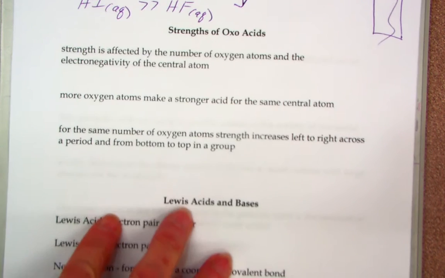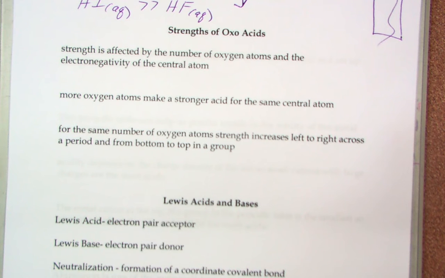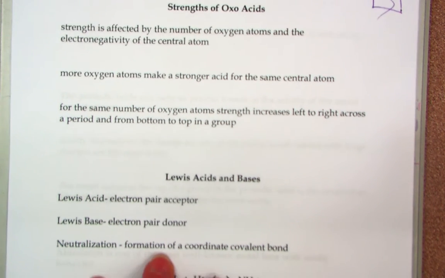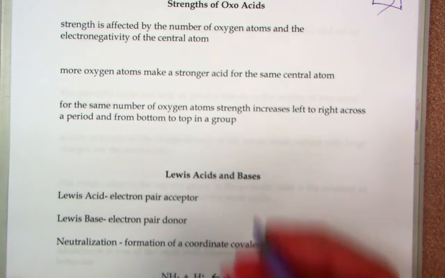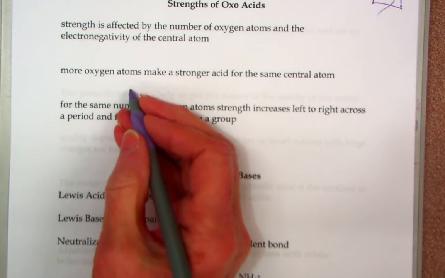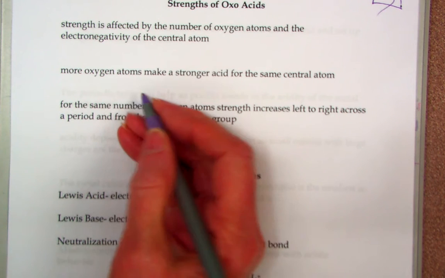All right, so now let's look at the oxoacids. When we think about oxoacids, we have two factors. Strength is affected by the number of oxygen atoms and by the electronegativity of the central atom. If you have the same central atom, then more oxygen makes for a stronger acid.